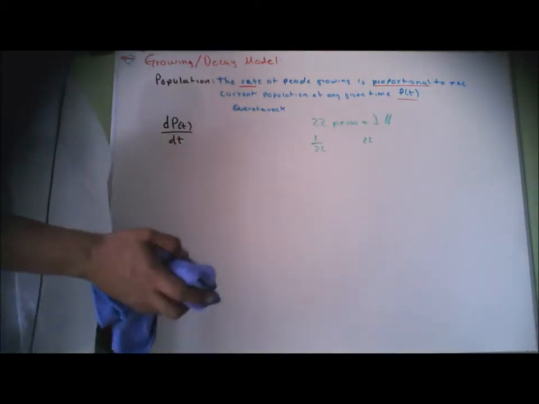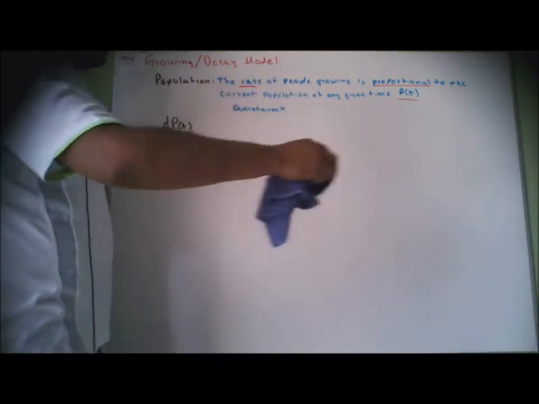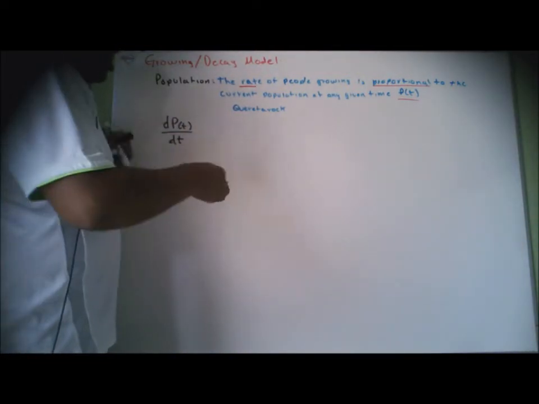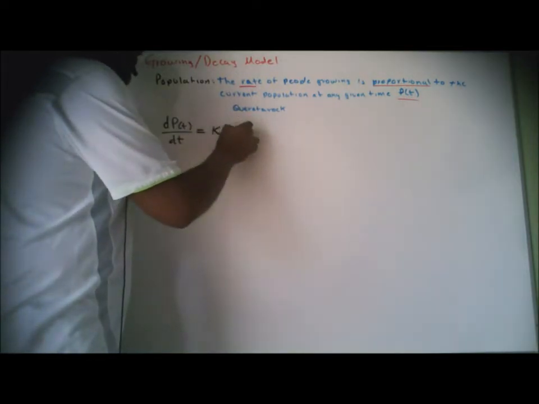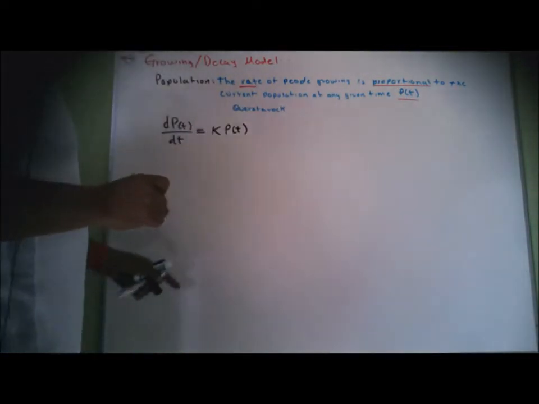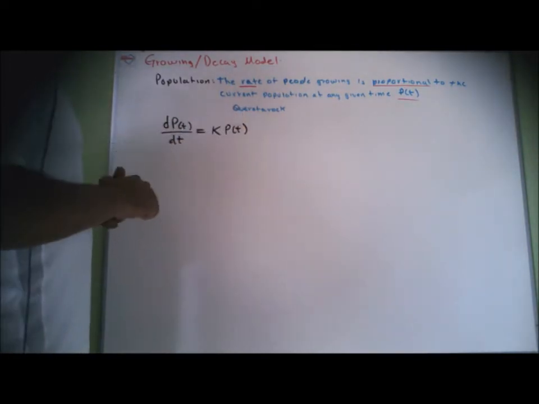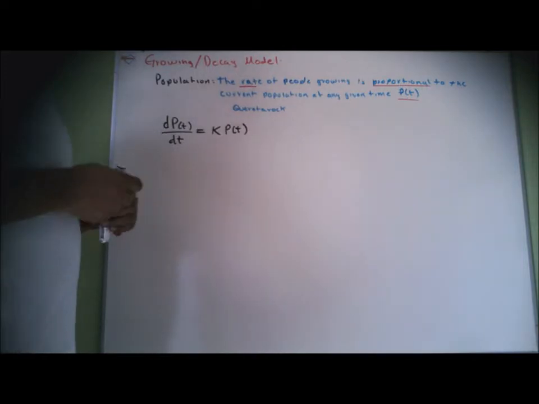So the concept here is that the rate of growth of the people is proportional to the current population. That means it's not equal, it is proportional, and the proportionality is K times P of t. As you can see, this is the differential equation, and it happens to be a separable differential equation that we can solve.